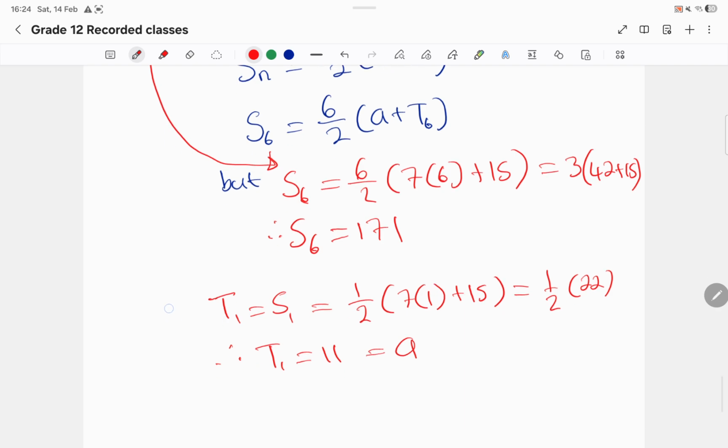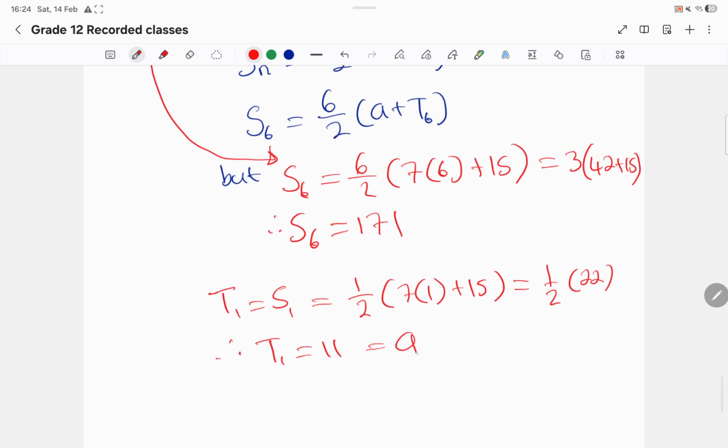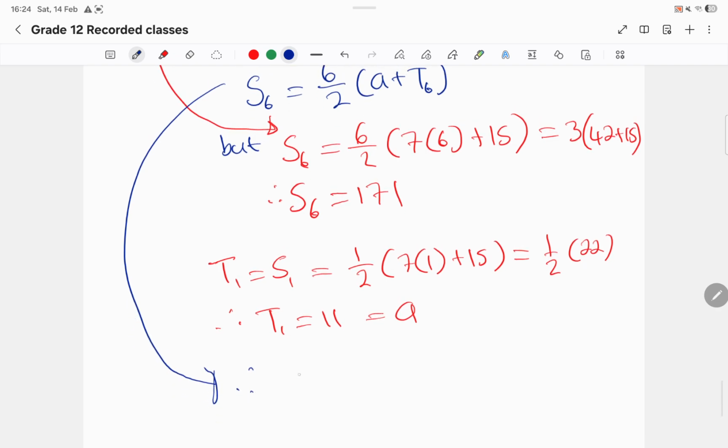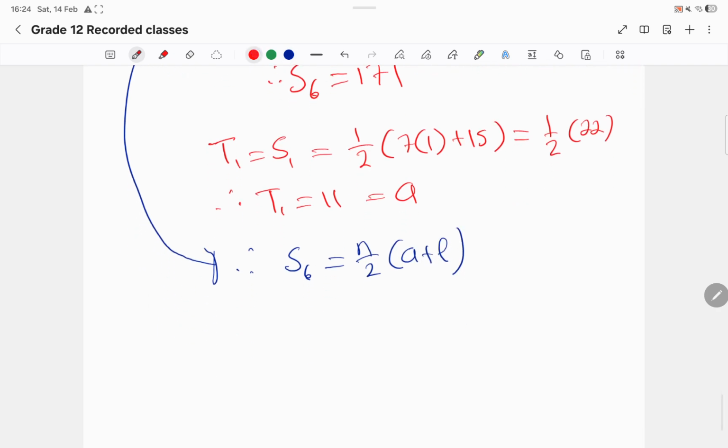Which is a. So now you've got the value of a, and we've got the value of S6, so we can substitute these into this formula. Our S6, which is given by n over 2 (a plus the last term), we're going to substitute these values.